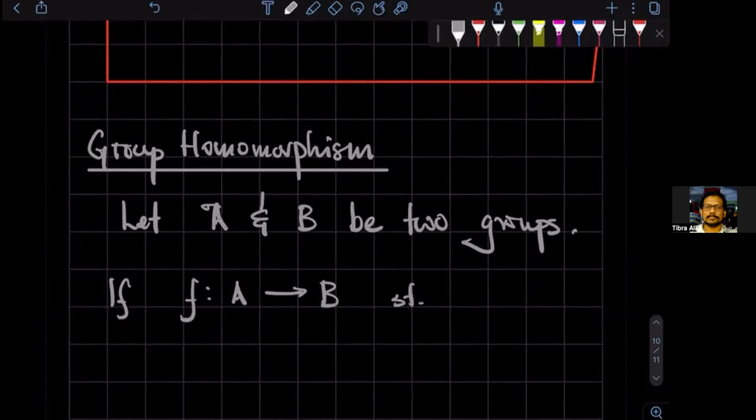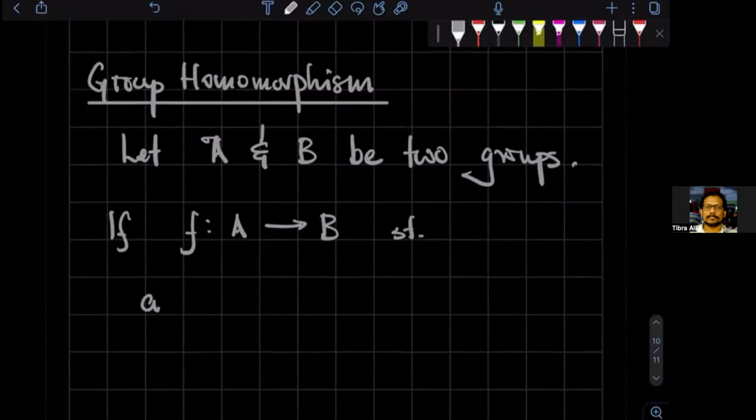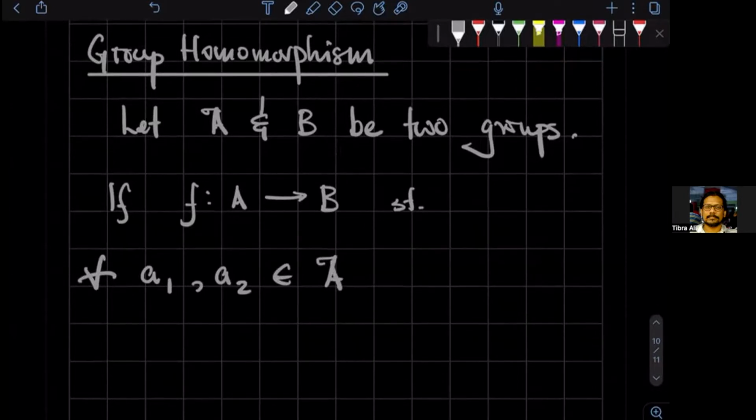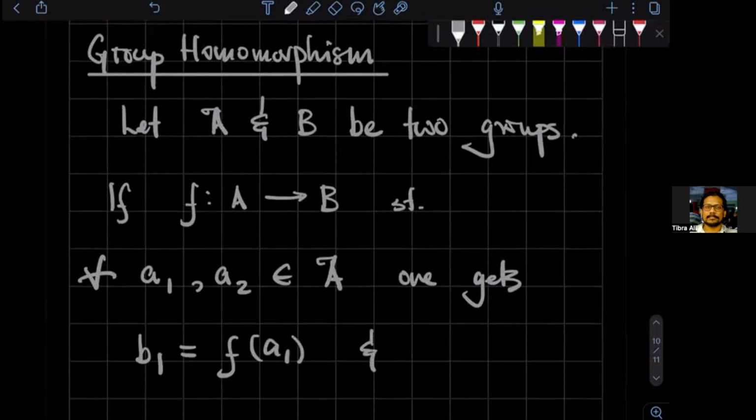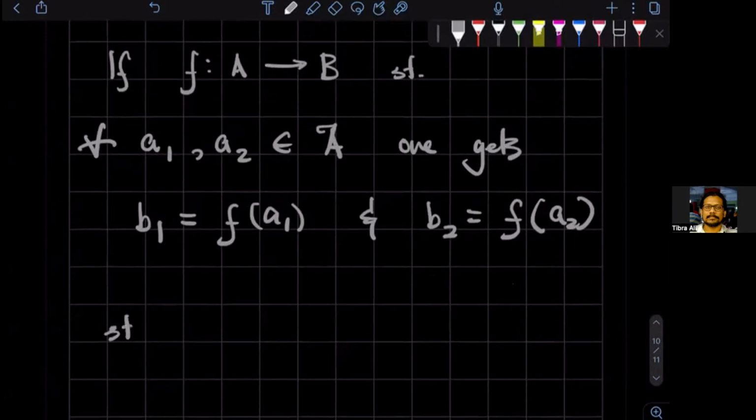such that for any A1 and A2 in the group A, one gets B1 is F of A1 and B2 is F of A2.